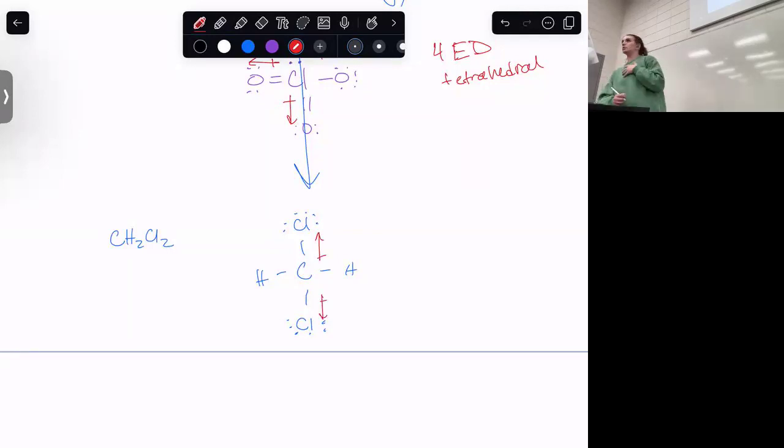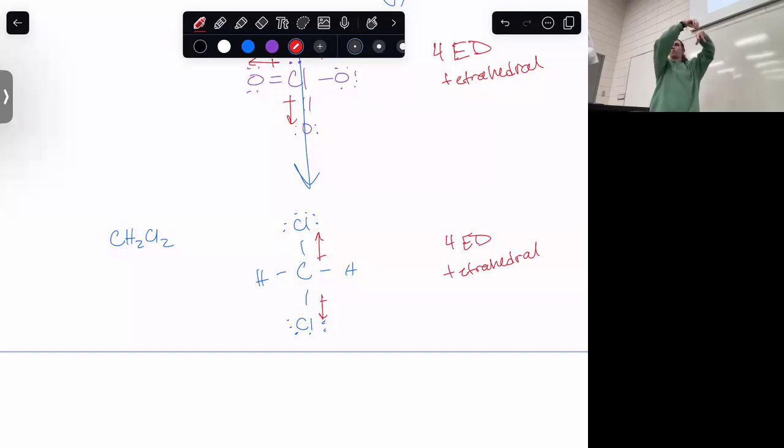So in this case, where's our overall dipole pointing? Or do we have one? The way I drew it makes it look like no, right? But how many electron domains do we have? We have 4, which makes it tetrahedral. So we have the 3 on the bottom and the 1 up top. My pointer finger is going to be the chlorine, and the 1 up top is the other chlorine.